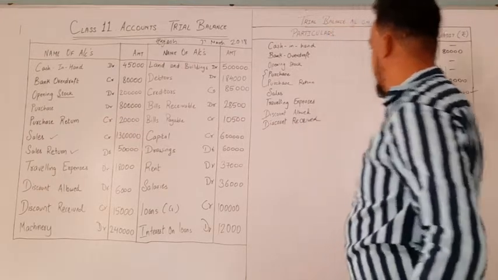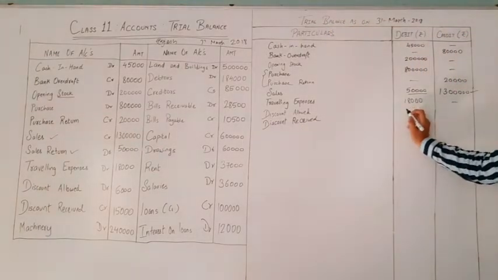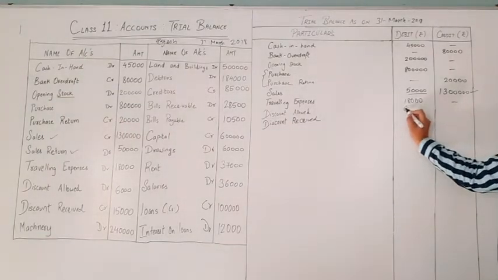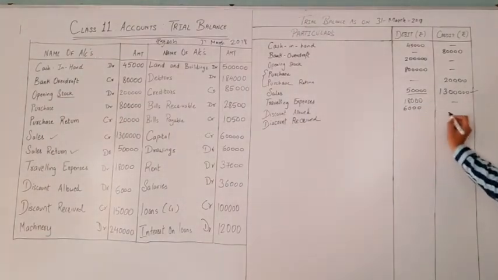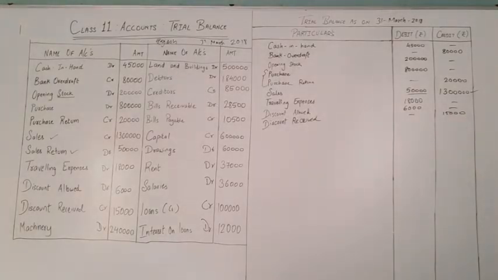I am writing separately because it demands that. Allowed is on the debit side as 6,000 and received is on the credit side, 15,000. The amount has been specifically written on the board. Now we are going into the machinery concept.